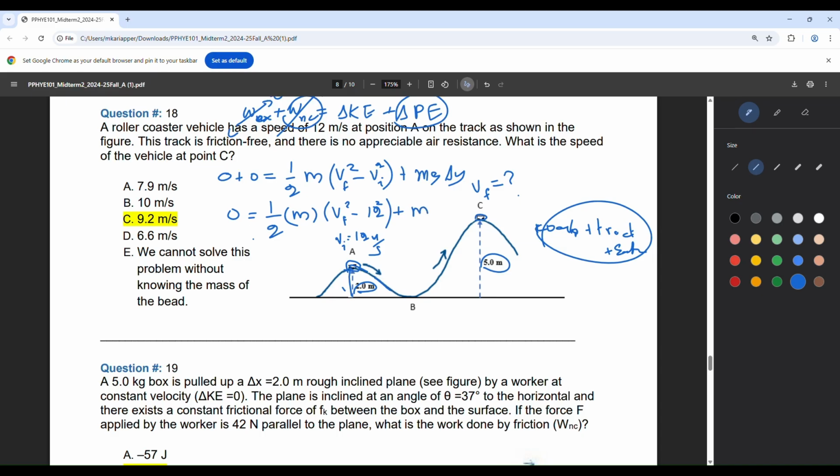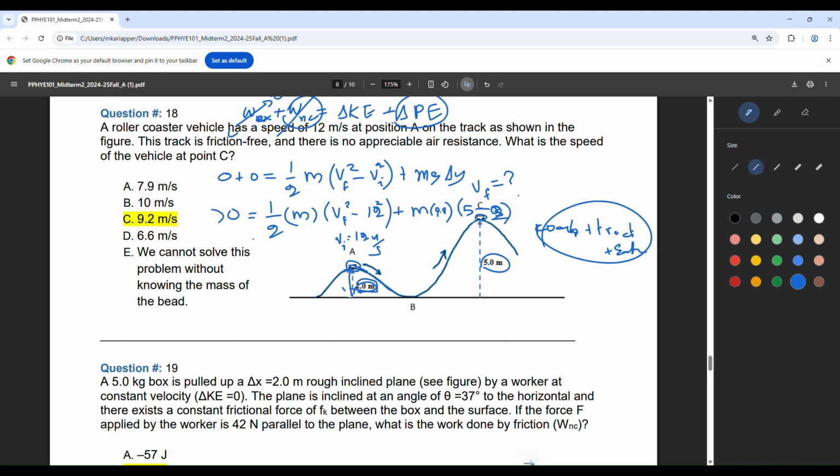Plus m we don't know. G, 9.8. And delta y is 5 minus 3. Is that right? Final y coordinate minus initial y coordinate. Oh, minus 2. Thank you. Minus 2.